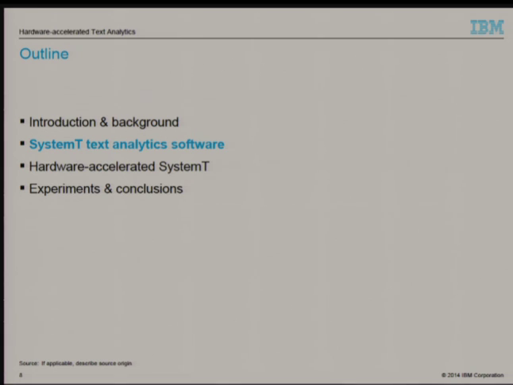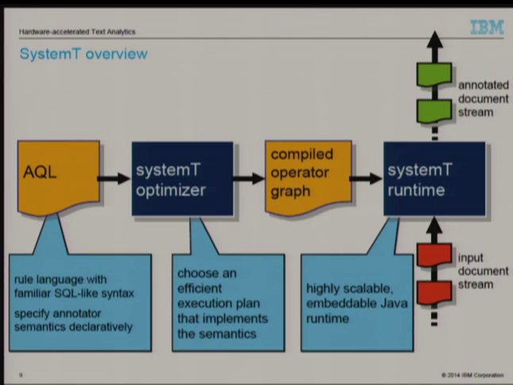So at IBM, we use a text analytics software called System T. It introduces a query language called AQL. It is a rule-based language and has a similar syntax to SQL that we know from databases.